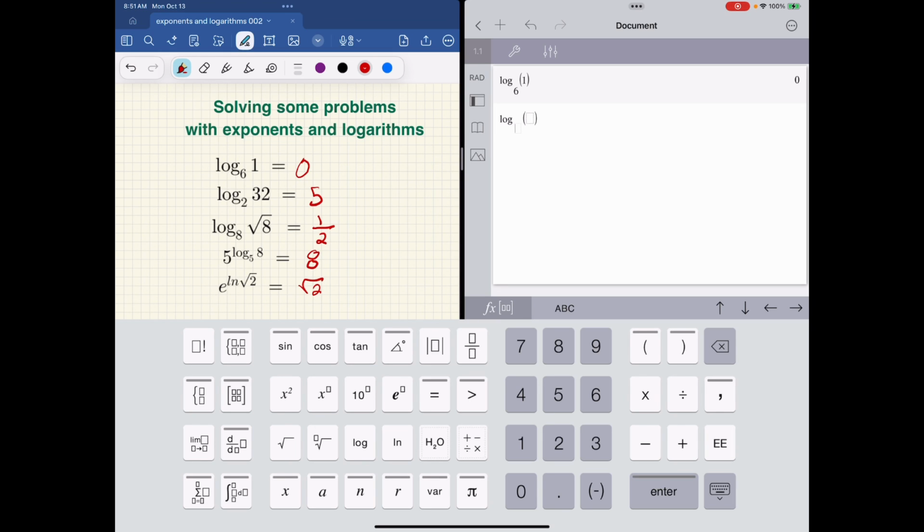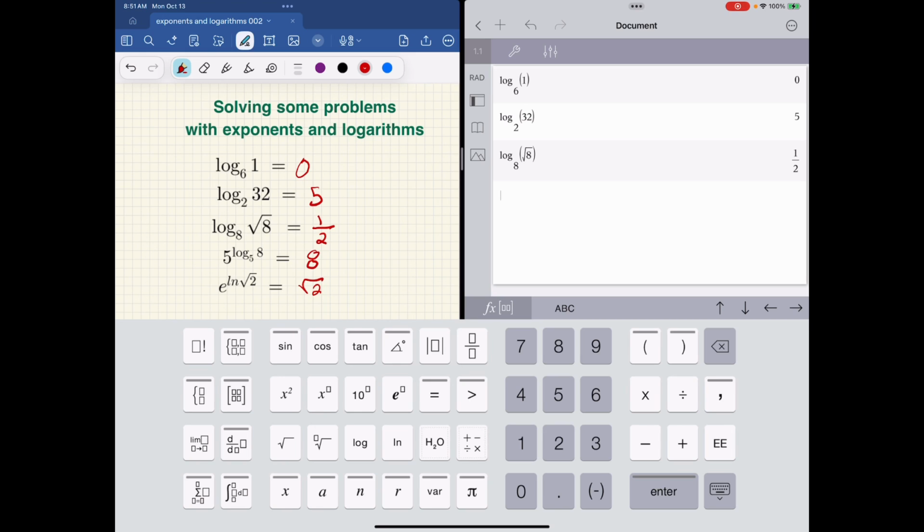Next, what is the log base 2 of 32? And we find that we're correct that that is 5. Next, what is the log base 8 of the square root of 8? And we find we're correct that that's 1/2.